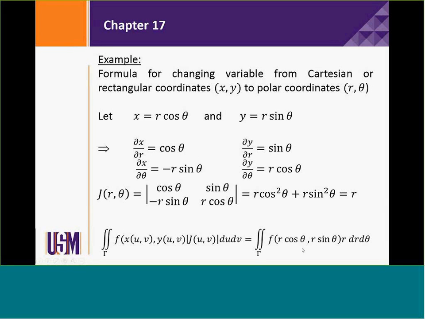So that's why when you transform to the polar coordinate, dx dy, you will get an extra r because of the Jacobian r here. The same method applies when you solve for the cylindrical and the spherical coordinates. For the spherical coordinate, the Jacobian that you are going to obtain is rho square sine phi.